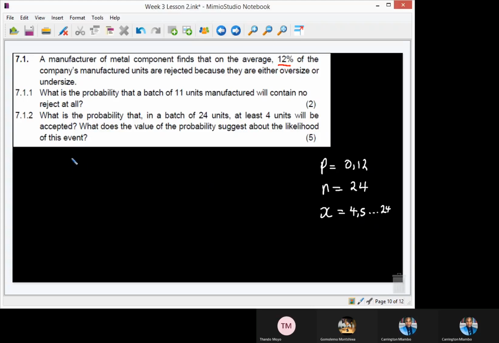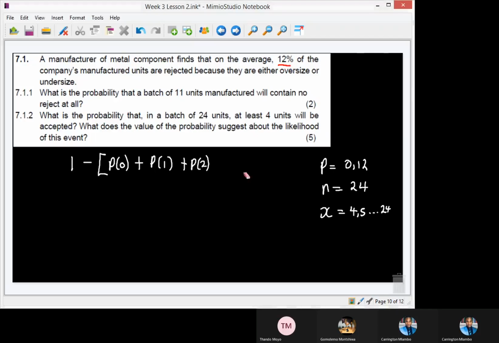It's 1 minus the probability of 0, 1, 2 until 3. Easy as that. Rather than calculating 4, 5, 6, 7, 8, 9, 10, 11, 12 until 24, you're going to waste a lot of time.